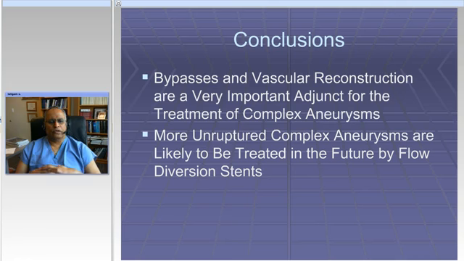One can conclude that bypasses and vascular reconstruction are a very important adjunct for the treatment of complex aneurysms. Definitely, flow diversion stents are going to be used more and more for complex unruptured aneurysms, but still we have problems when it comes to a number of cases.